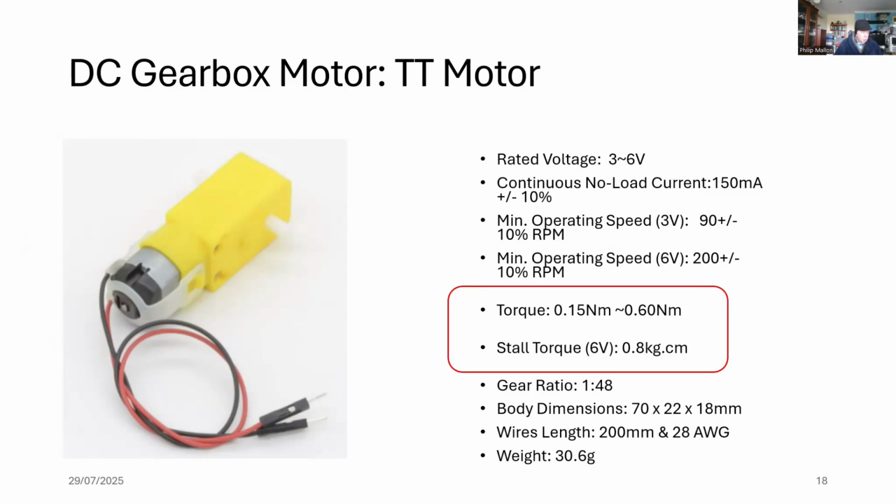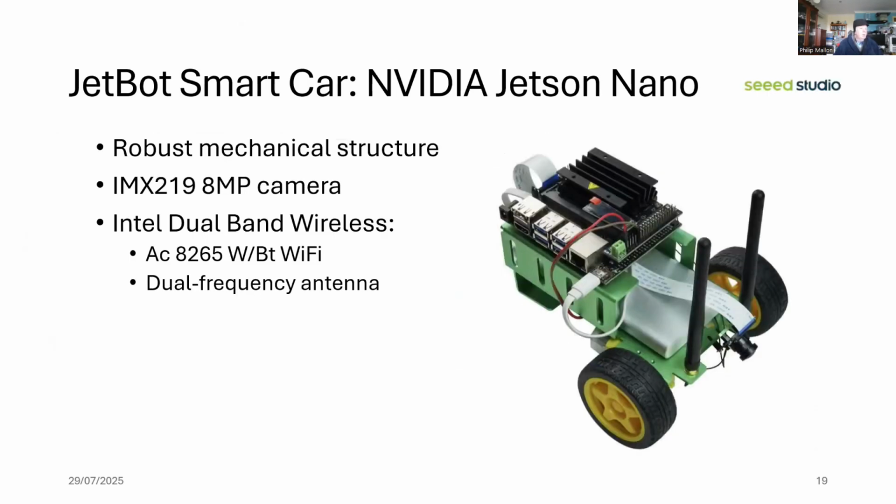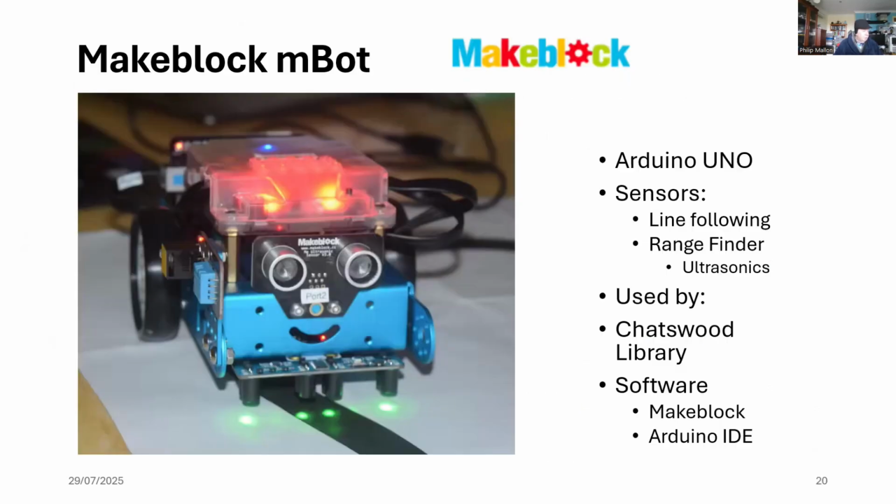So it stalls on 0.6 and there's no speed at that. And that's used in robot projects such as the JetBot smart car. The NVIDIA Jetson Nano computer is used for that, and it's supplied by Seed Studio.